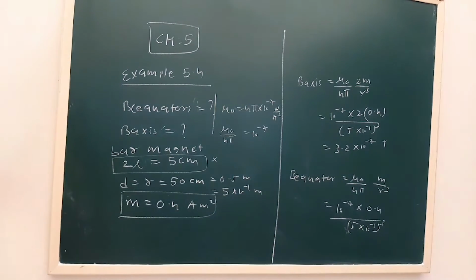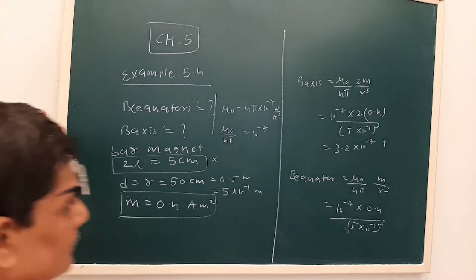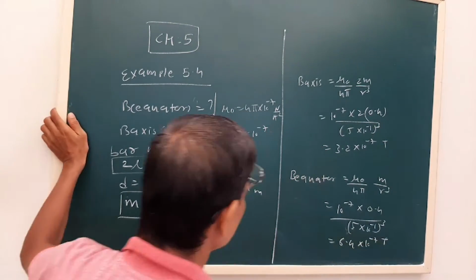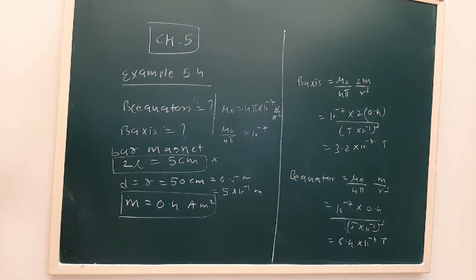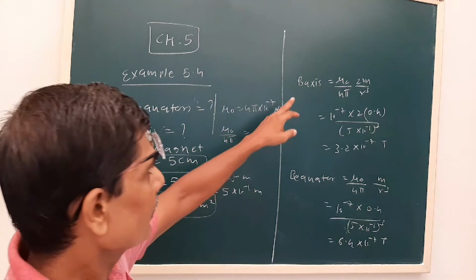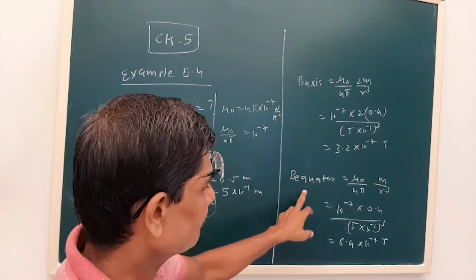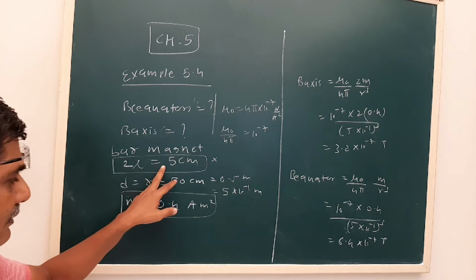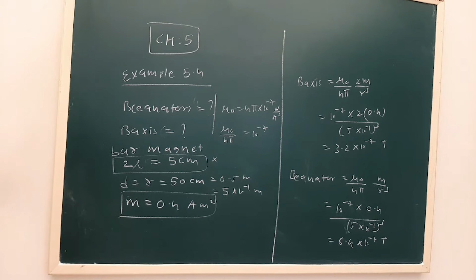You can simplify, so the value we get is 6.4. This is how we can find the value of the magnetic field at a point on the axis and equator. Keep in mind that here length is given, but at the same time dipole moment is also given, so no use of the length; otherwise they should have given the pole strength.